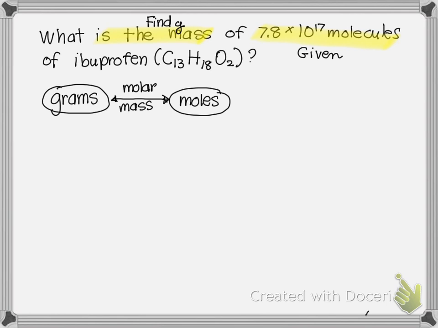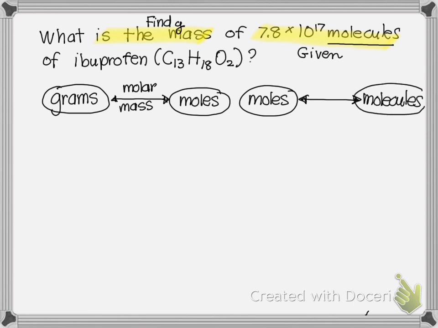But we're not given moles, we're given molecules. And so I also know that moles are connected to molecules with Avogadro's number, which is the relationship 1 mole is 6.02 times 10 to the 23rd molecules.